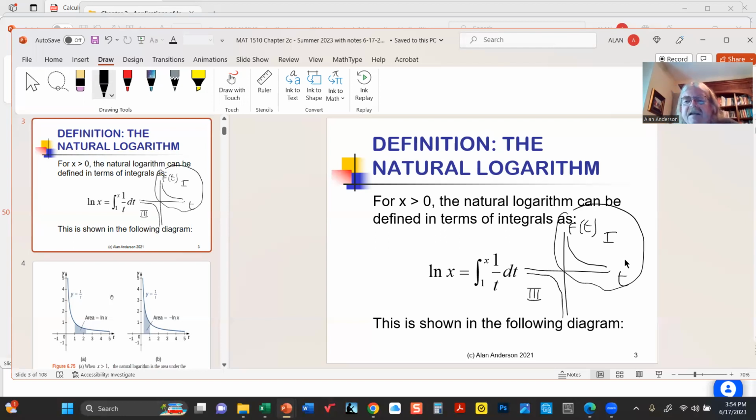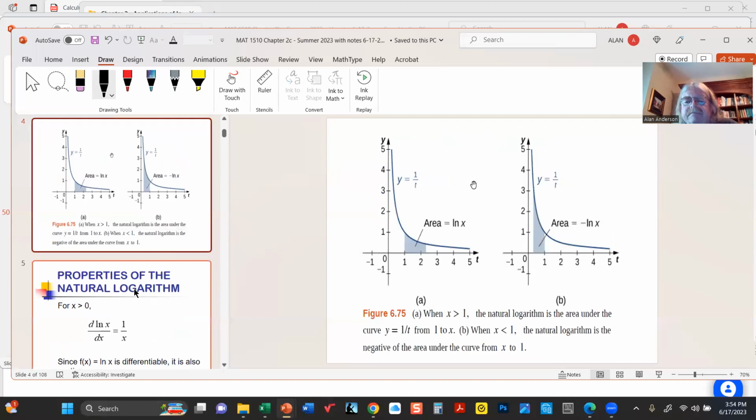So that being the case, let's say x is greater than 1. Then whatever x is, the log of x is the area under this curve from 1 to that value.